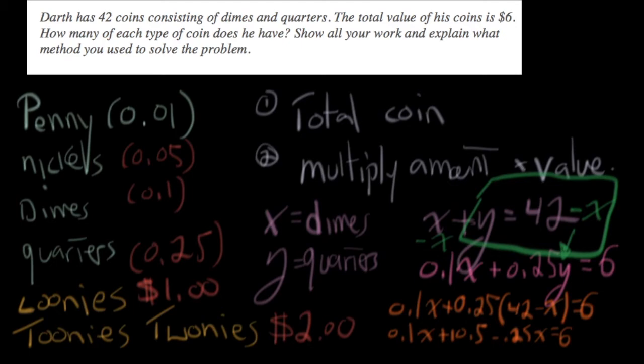So, minus 0.25x plus the 0.1x would give you negative 0.15x. So you'd have negative 0.15x equal to negative 6 minus 10.5, negative 4.5.